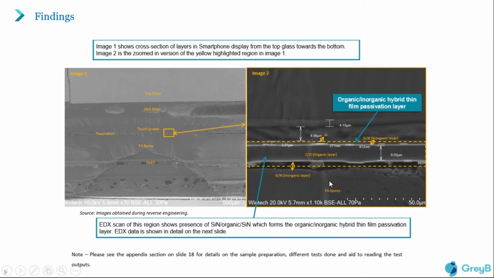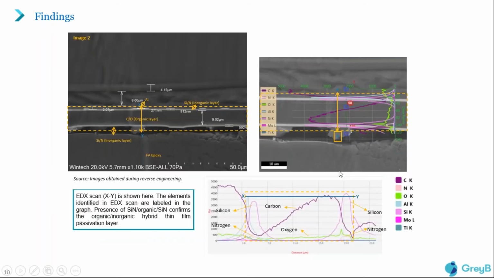On the right hand side, there's a more zoomed version where you can see more details about each layer, through which we confirmed the different layers and studied their material, and finally were able to zero down on a particular layer, like which layer it exactly is, whether it's an organic layer or an inorganic layer. By reading those material compositions, we were able to figure out the different layers, which helped us identify them.